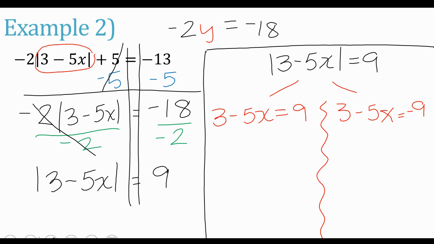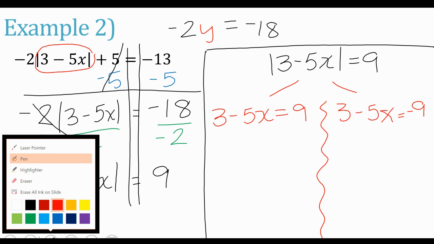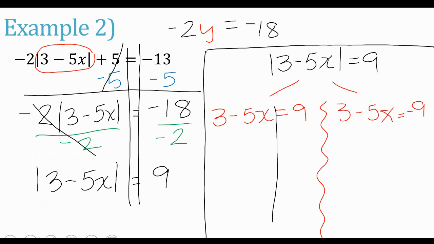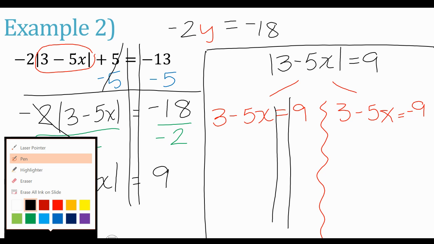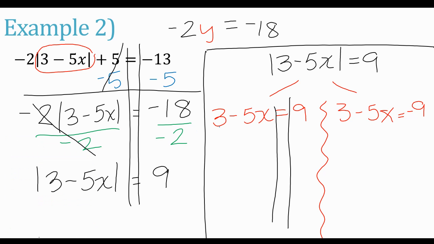So we're taking it out of the absolute value bars, setting it equal to a positive, and then setting it equal to a negative value. Okay, let's draw those train tracks and start solving. So first we want to move our constant, so we're going to subtract 3 on both sides. So we end up with negative 5x equals 9 minus 3 is 6.